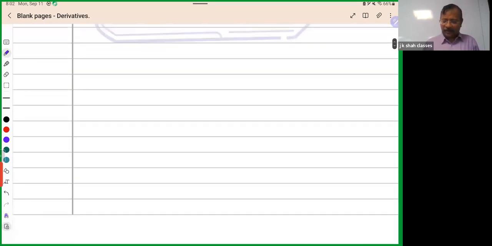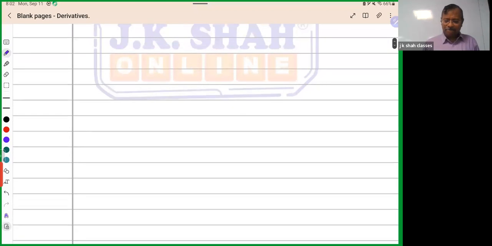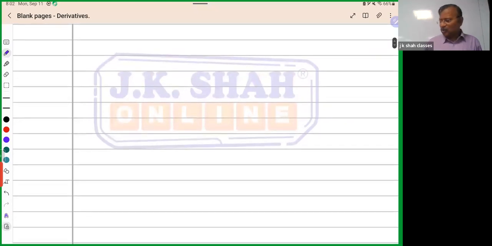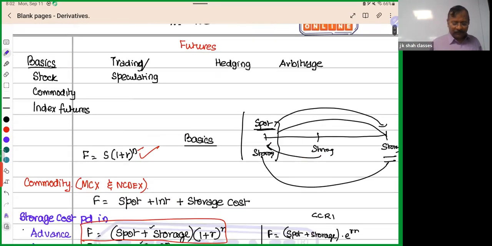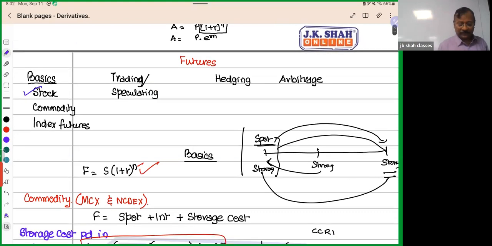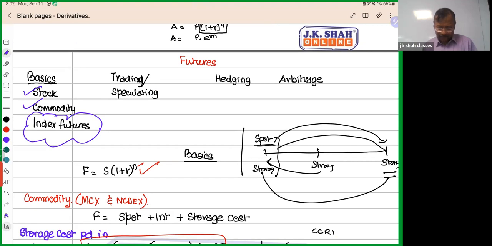Now let's do something. There's the third one that we need to discuss, because if you remember, we have discussed stock futures, we have discussed commodity futures. There is this third one, but this is slightly complicated. Before that, let's break this monotony of theory and maybe do one or two problems, and then we'll come to this.